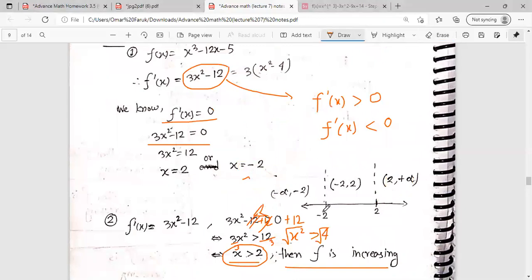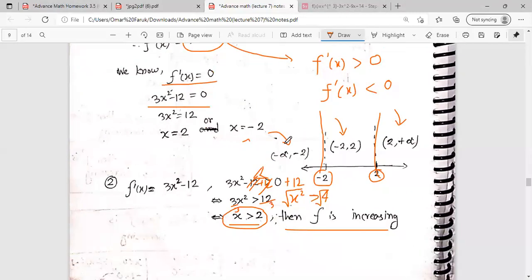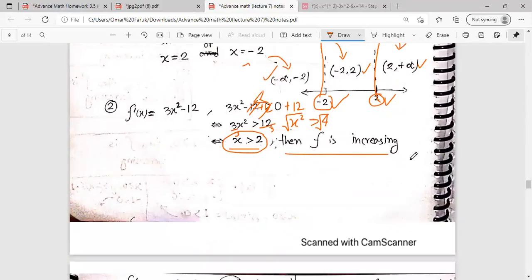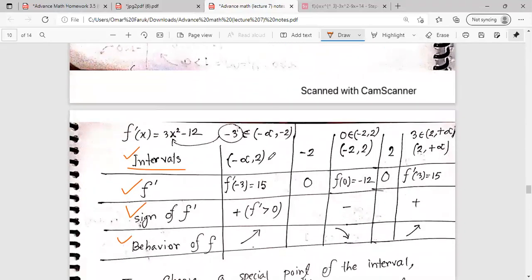So here is minus 2 and here is 2. That means here we have got 3 portions: one portion is minus infinity to minus 2, another portion is minus 2 to 2, and another portion is 2 comma plus infinity. So in the interval we write these 3 things.